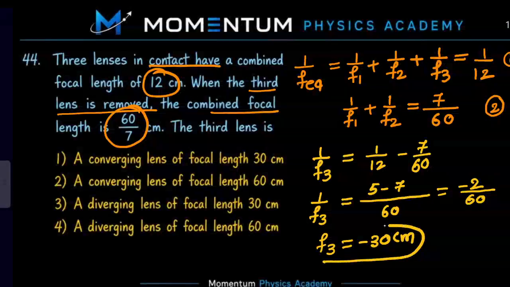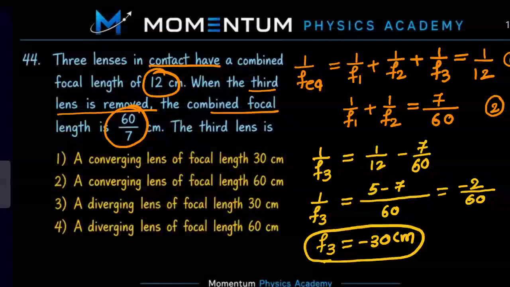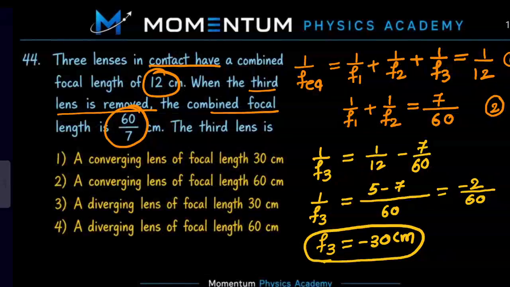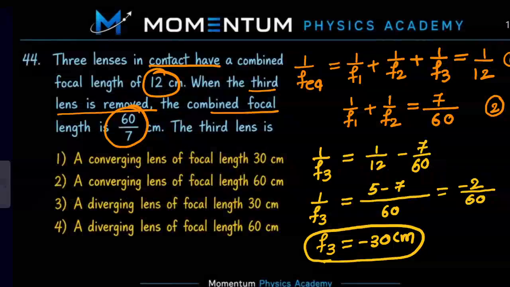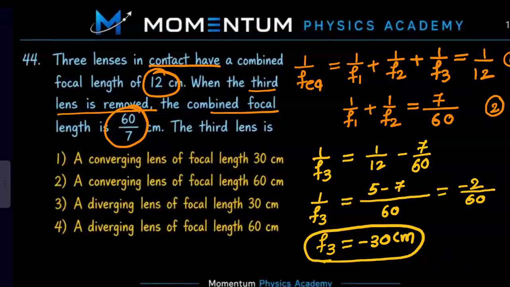So that means what I can say, this lens is now convex or concave? Sir, it is concave lens. Focal length negative, concave. So that means what's the option now?